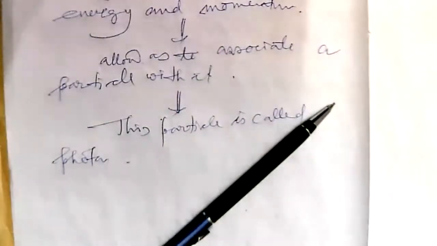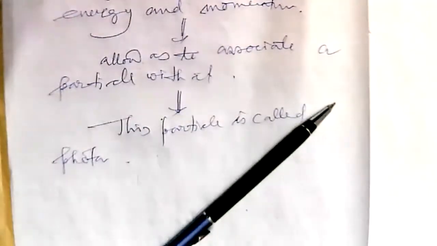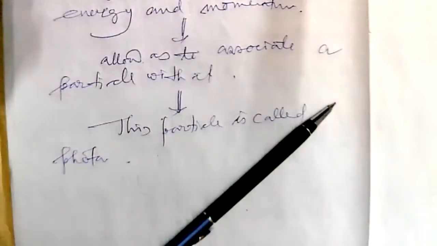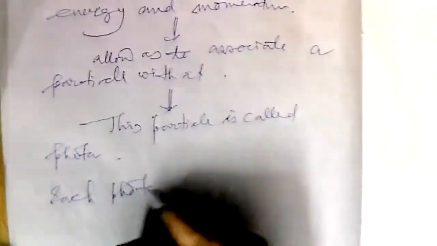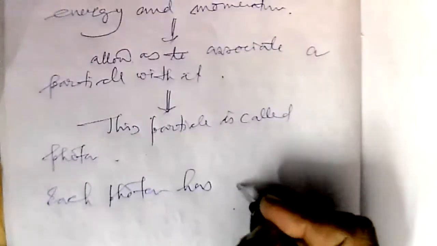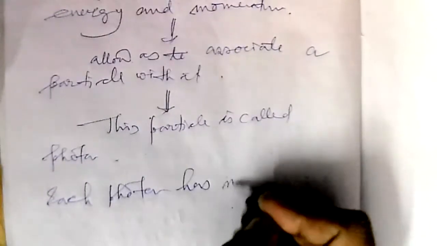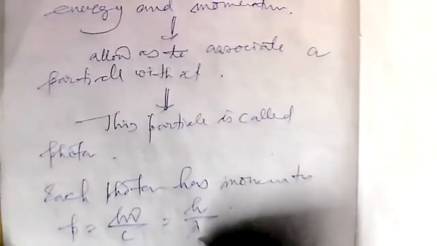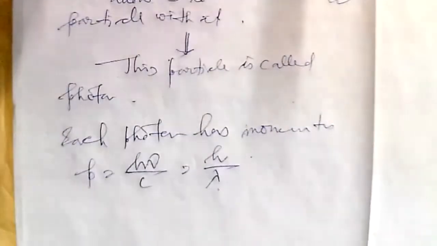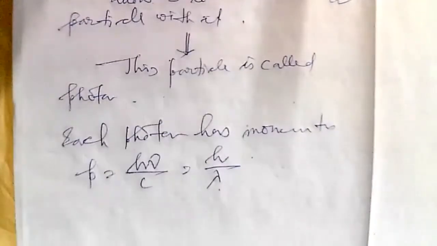Each photon has energy equal to h nu, and momentum p equal to h nu by c, or h by lambda, and its speed is c, the speed of light in free space.